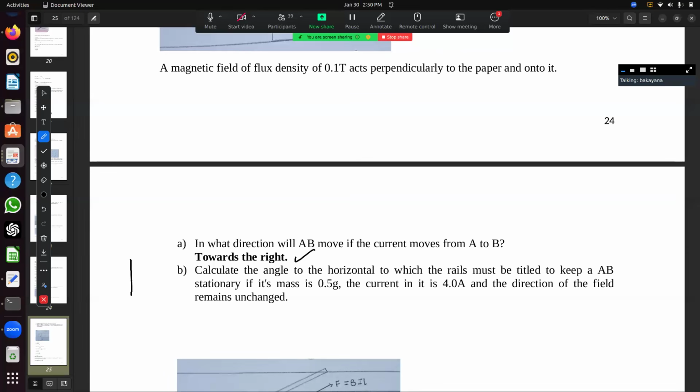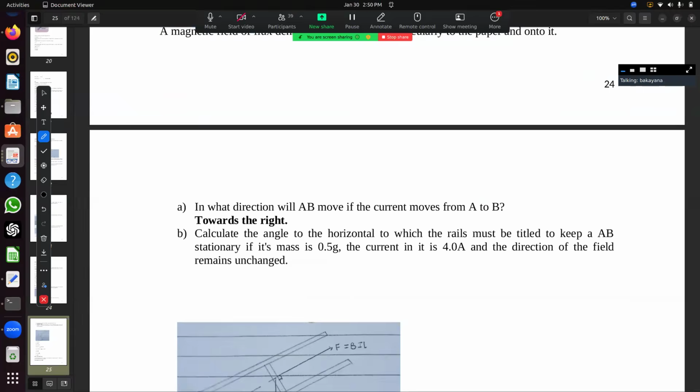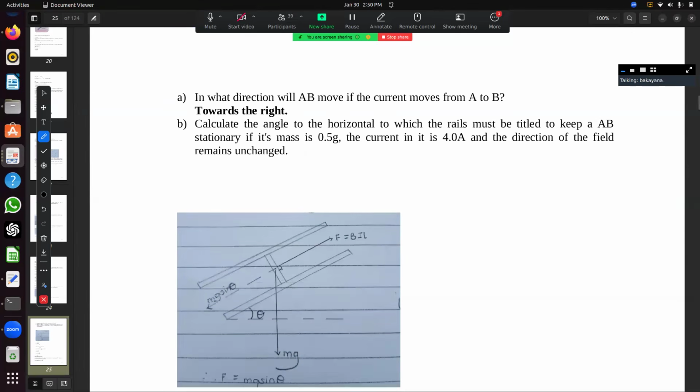So here they are saying: calculate the angle to the horizontal to which the rails must be tilted to keep AB stationary if its mass is that.